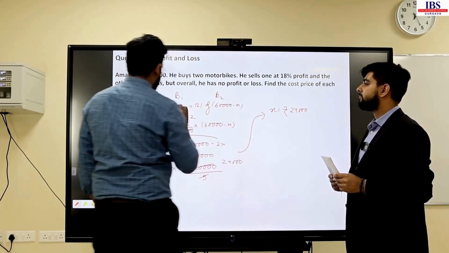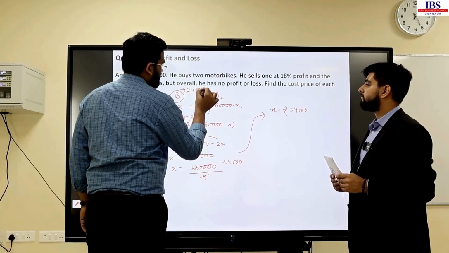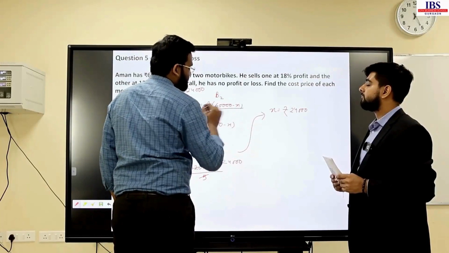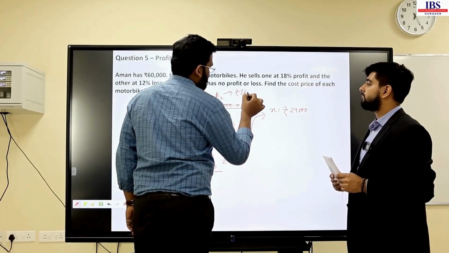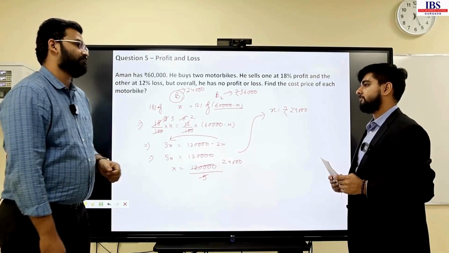So the cost price of bike B1 is 24,000, and B2's cost price is 60,000 minus x, that is 36,000 rupees. So here are the cost prices of each bike. In this way we can solve the question.